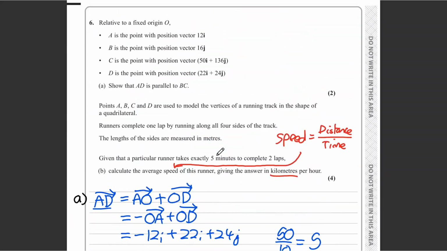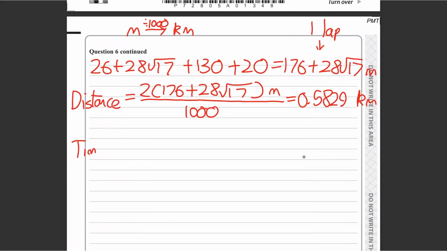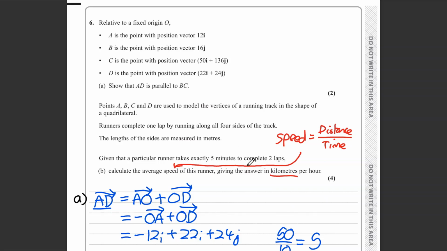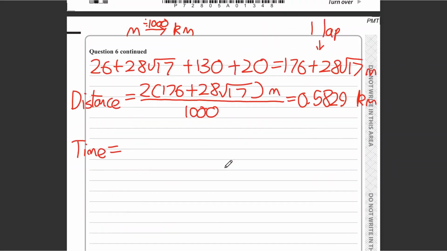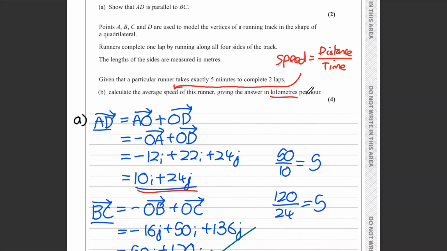So now we need to find the time. Okay, so we're told that it takes 5 minutes to complete the 2 laps. So it's going to be 5, but remember that we want to give our answer in kilometers per hour. We don't want it in minutes, we want it in hours.